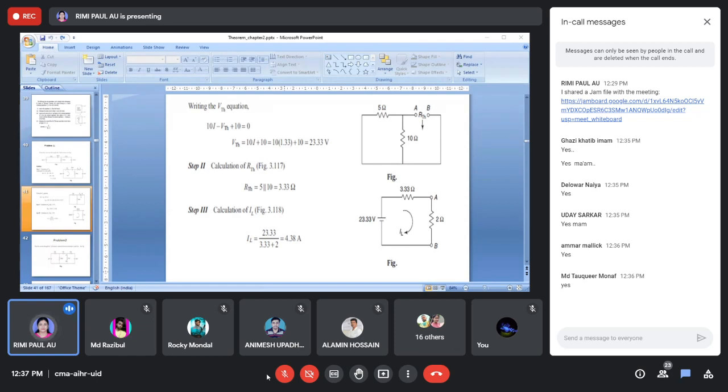There is no one from Zone 3. You can also write in the chat box, upward or downward. But I need your response from Zone 3. Zone 3 from Jharkhand, Bihar, Bangladesh.